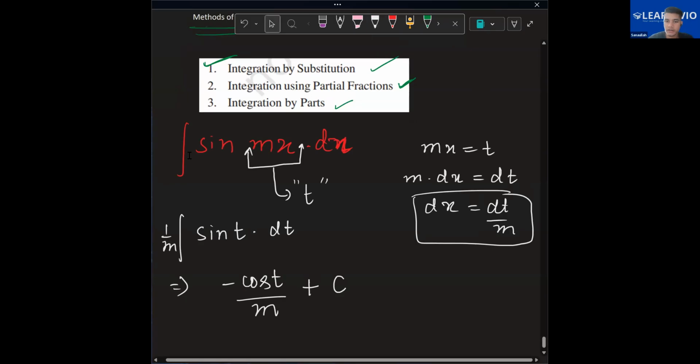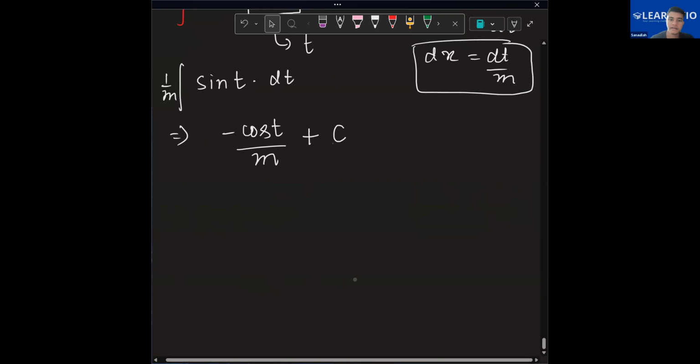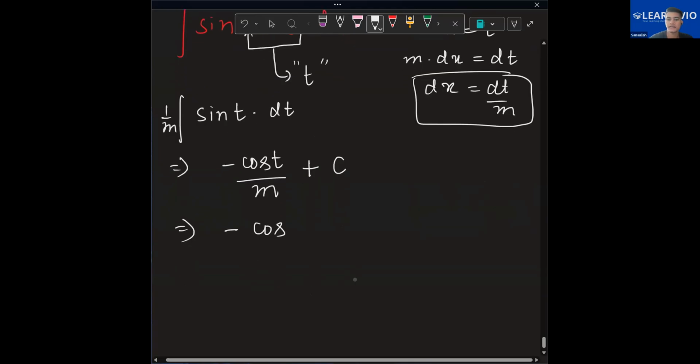और अगर आप इसको नॉर्मली सॉल्व करते हैं, and one more thing, at the last, when you solve all the things, then you have to substitute it back. Like whatever you have taken, on the place of t, it was mx.